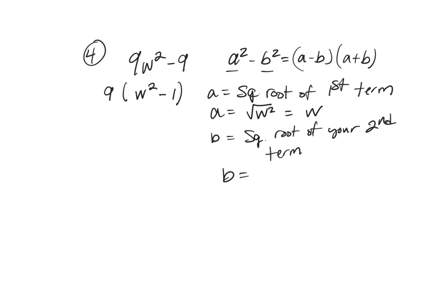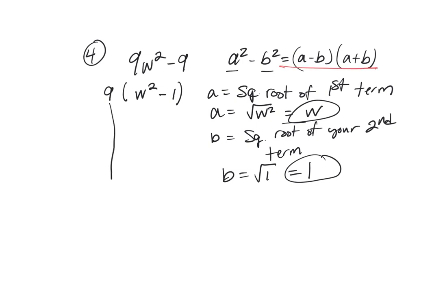So b equals the square root of 1, which is 1. So now that I know what a and b are, I just plug those into my formula here. So I have to bring this 9 down. So it's 9 times w minus 1 times w plus 1.